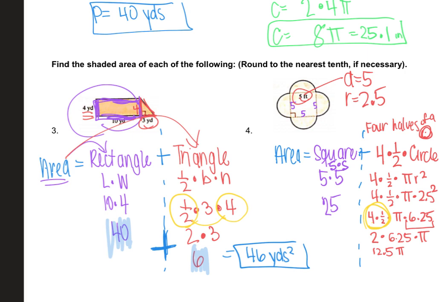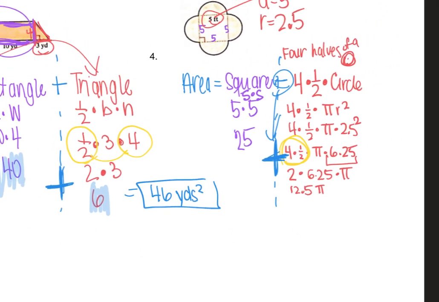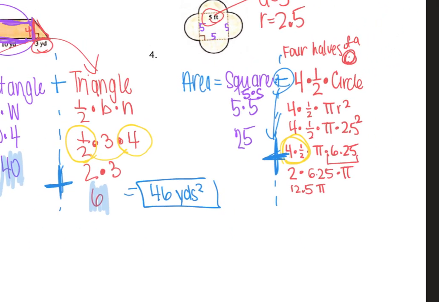Now, I'm adding these, right? Because it told me up there I was adding. So I have 2 ways I can express this answer. I can say 25 plus 12.5 pi. That is actually an answer, and it's correct.